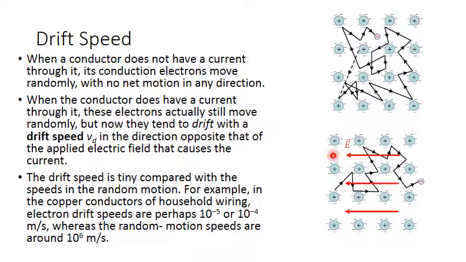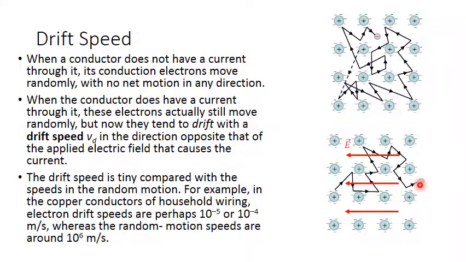What happens when an electric field is applied to the conductor? If an electric field is applied to a conductor, this electric field actually comes from a set of positive charges on this side and a set of negative charges on this side. So the electrons will try to move towards the positive charge.